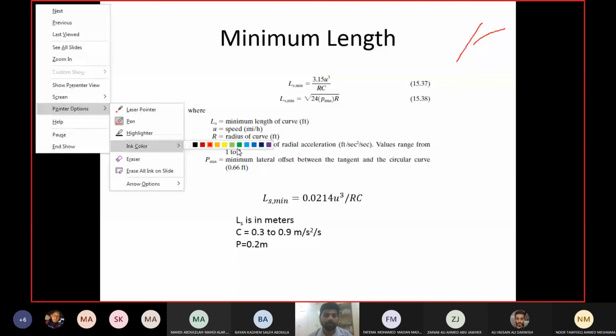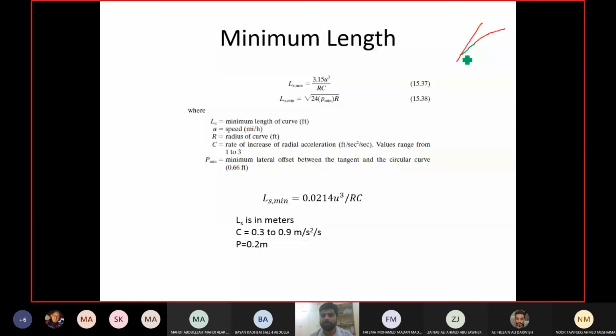So this is my spiral curve. If the circular curve was starting from here, then the offset was 0. But now the circular curve is starting from here, so this is an offset. How much is this offset? This offset is 0.66 feet or 0.2 meters.